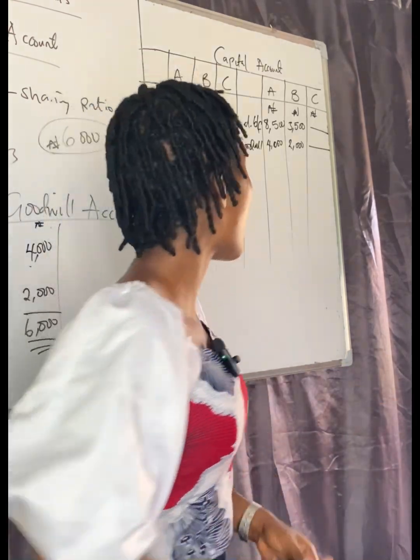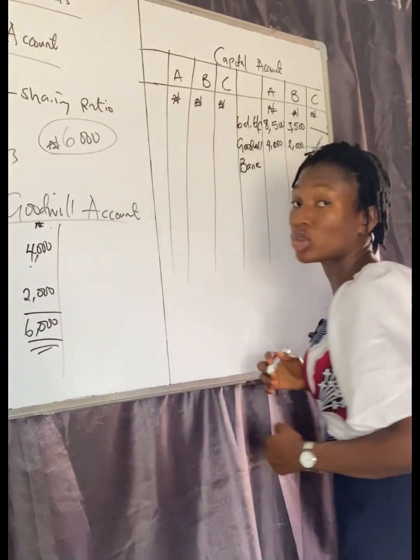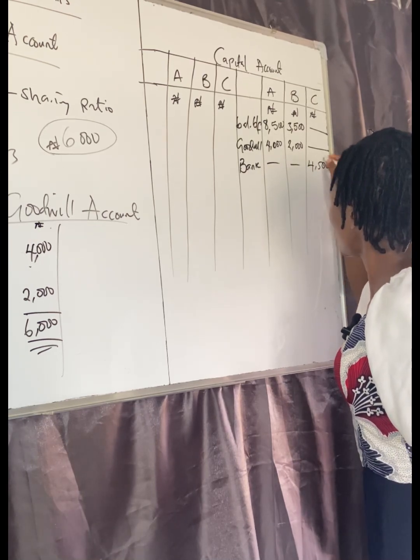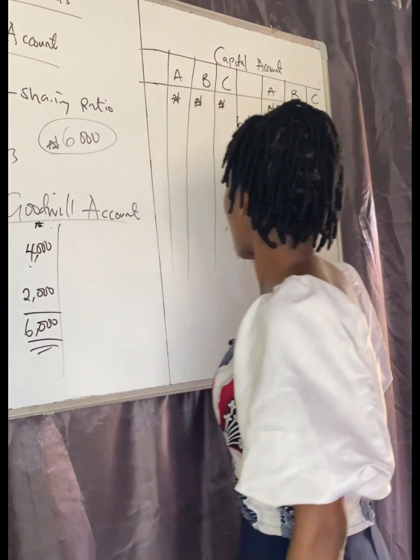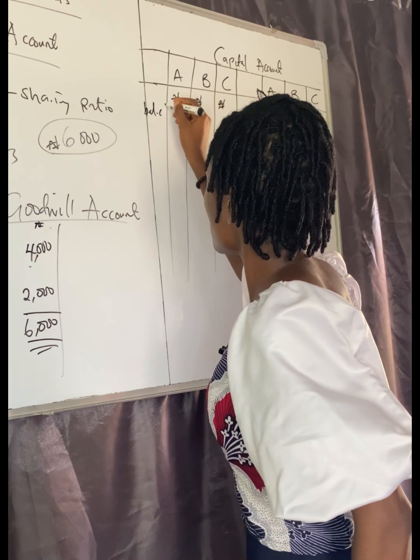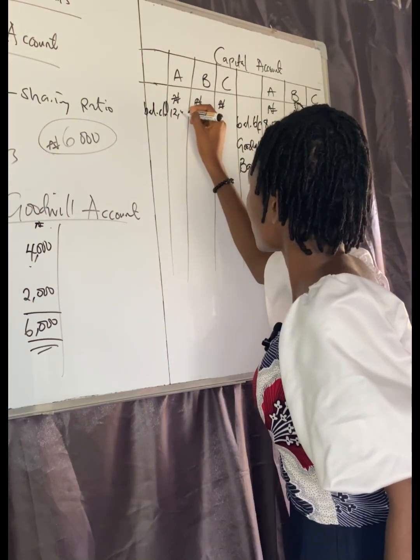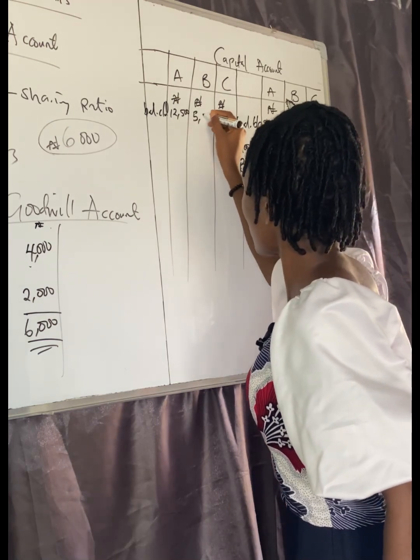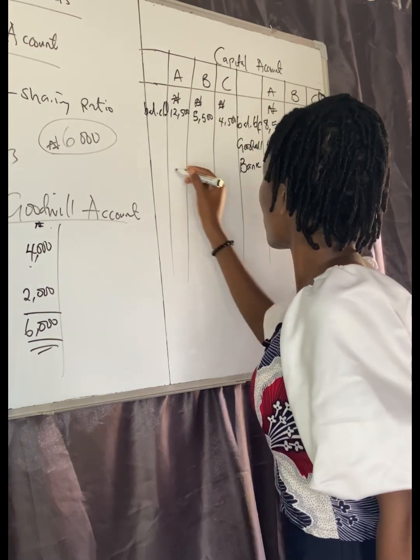So we have a bank where C will be paying his own capital to, and he paid a sum of 4,500. This is where we'll now be having our C. So if we want to balance our capital account, since there is nothing here, it means we'll just be adding. We have 12,500, we have 5,500, and then lastly we have 4,500.